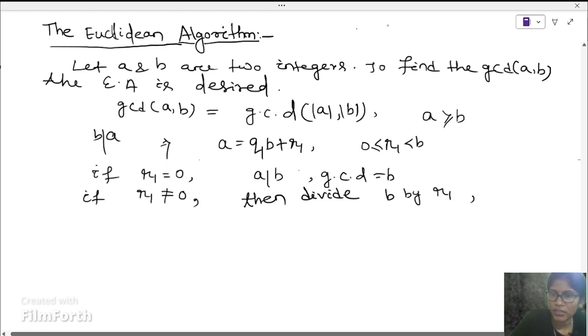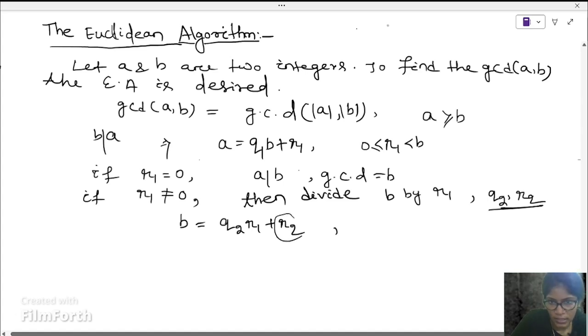That means we introduce integers q2 and r2, quotient and remainder, where b is equal to q2 r1 plus r2, and r2 is greater than or equal to 0 and less than r1.